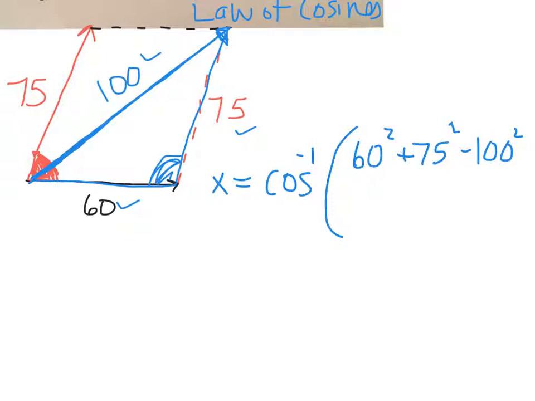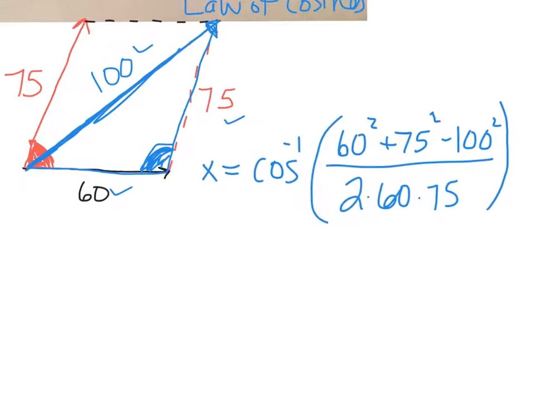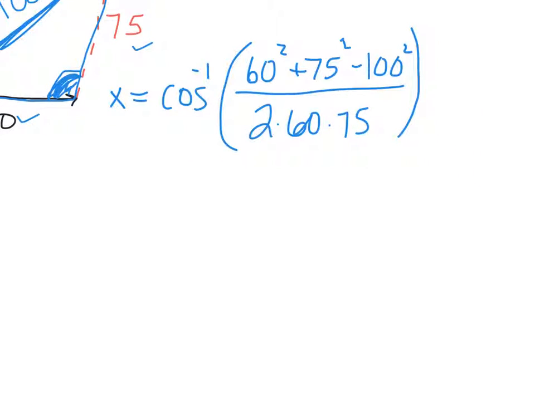Okay, because 100 is across from the angle that I want, that's the thing that gets subtracted, over 2 times 60 times 75. So this is a little manipulation of the law of cosines if you knew two sides and an angle.